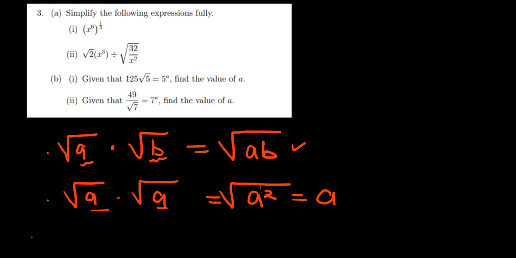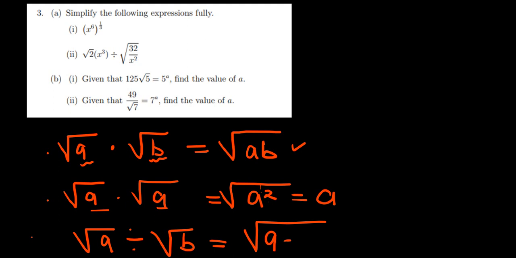The third one is if I have the square root of a divided by the square root of b, this is the same as the square root of a divided by b.